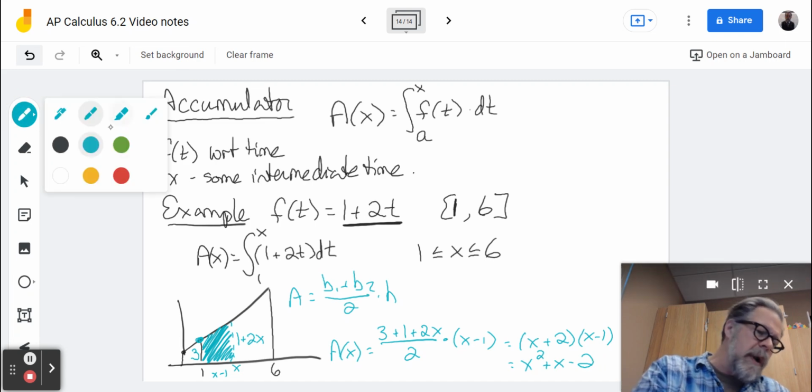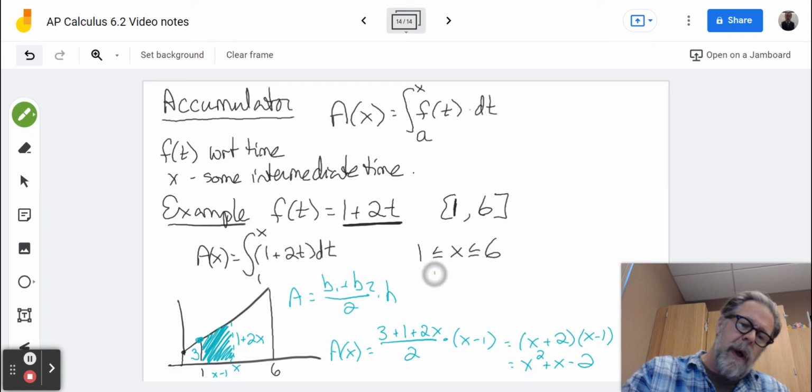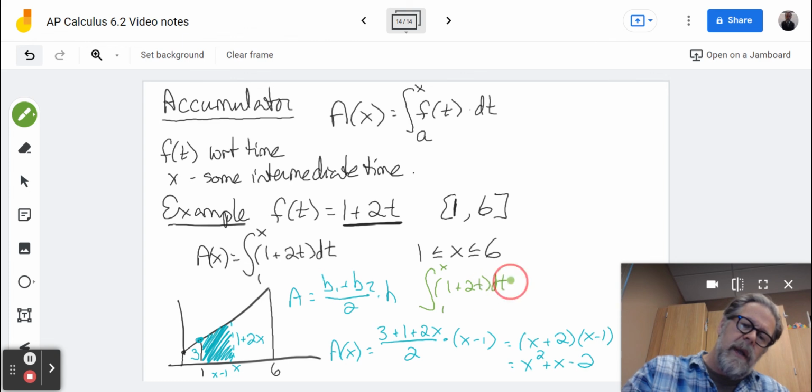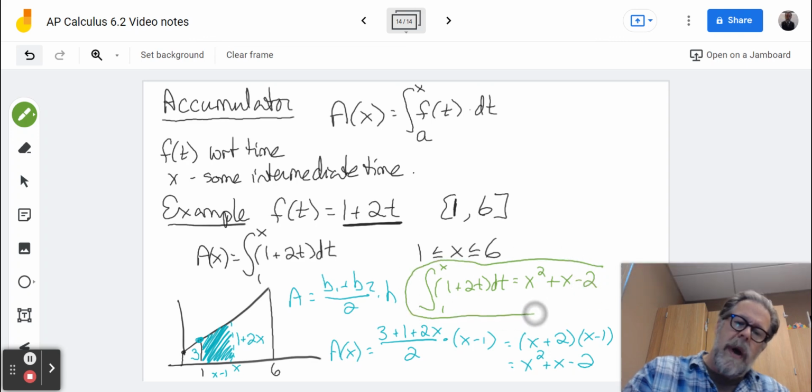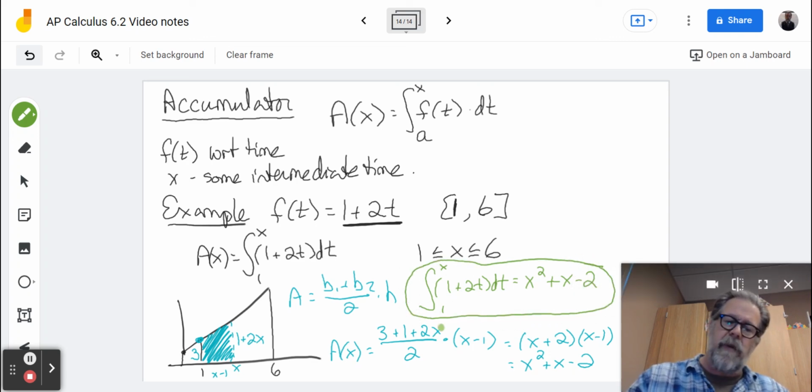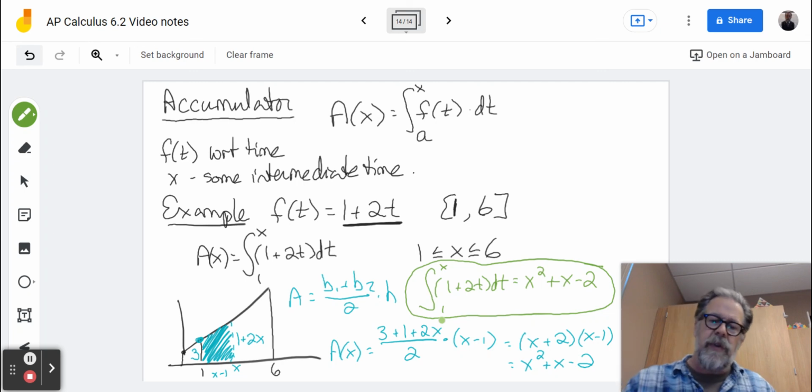And what we now know is that the accumulator function for this problem, the integral from 1 to x of 1 plus 2t dt, is equal to x squared plus x minus 2. If we want to know how much has accumulated from time 1 to time x, we take our x, plug it in, and we now know the answer.